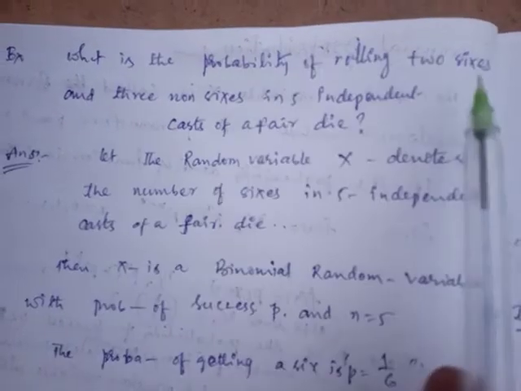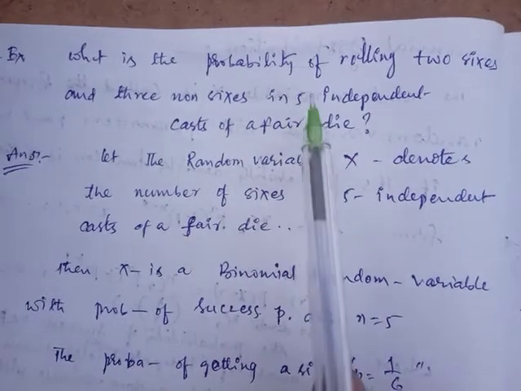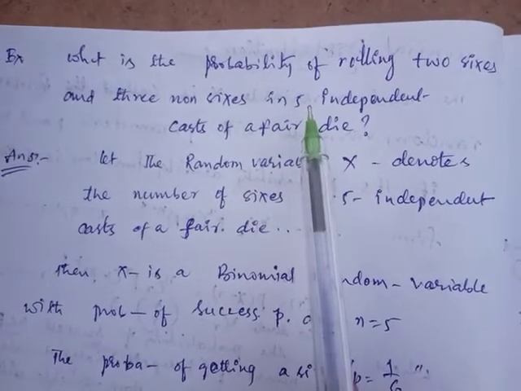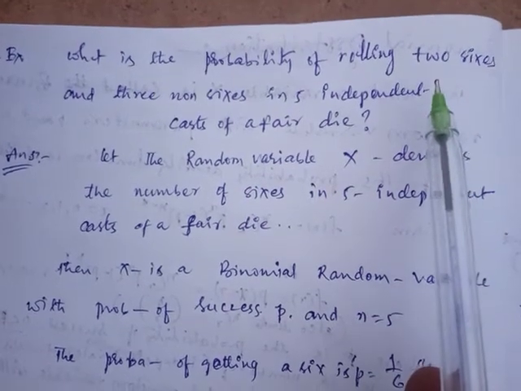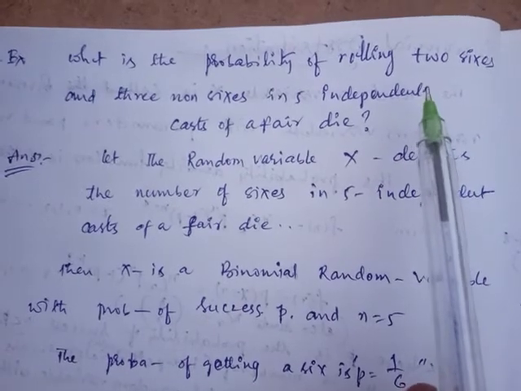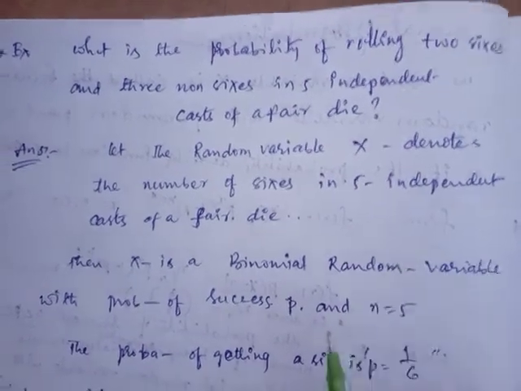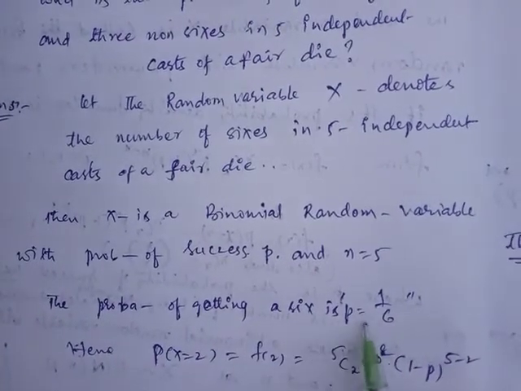Probability of rolling 2 sixes and 3 non-sixes. Number of trials is 5, n equal to 5. We require the probability of getting 2 sixes. First, the probability of getting a 6 by rolling a single die is 1 by 6, so p equal to 1 by 6.